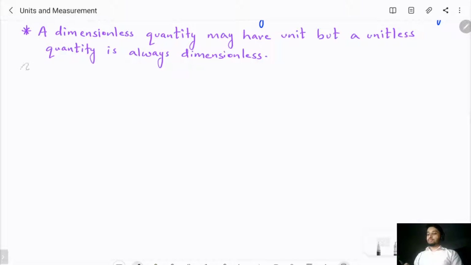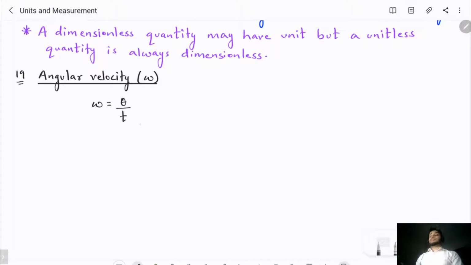So the next physical quantity, let us see angular velocity. Represented by omega. So the angular velocity formula is theta by t, angular displacement by time taken.